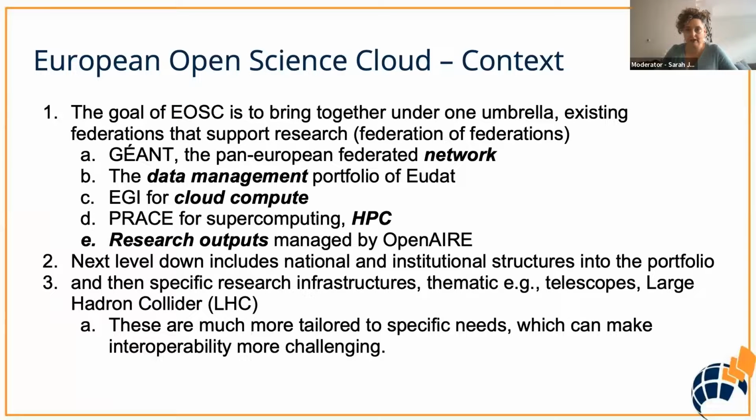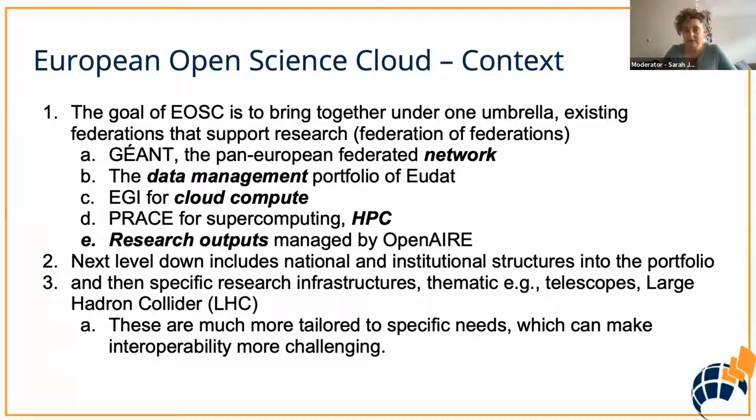Now, that's not centralizing infrastructure, it's about federating. And there are a series of infrastructures the European Commission has funded. So GEANT, where I work, is essentially the pan-European network. We work with members in every country to operate the internet and trust and identity services so that users can log on and access services, and they have high speed, high throughput internet connection.